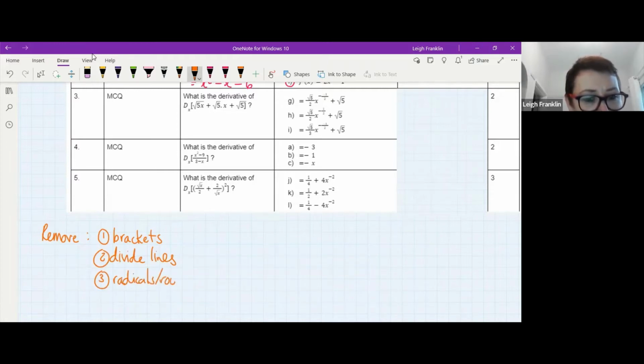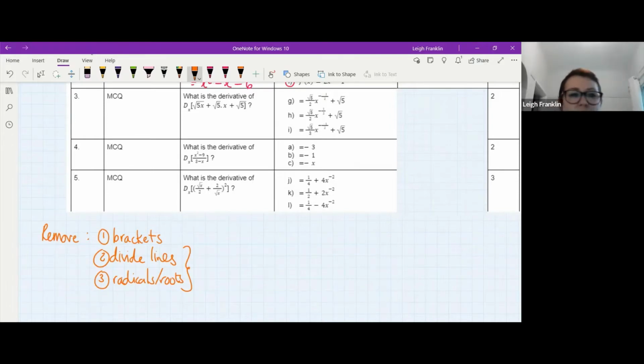But when we say that we need to remove divide lines and radicals or roots, we need to remove them from variables, not from constants or coefficients. So what I'm trying to say is this.